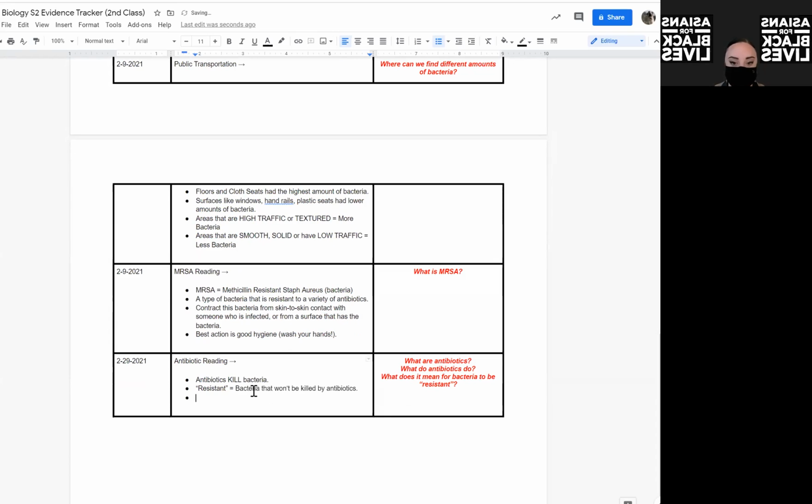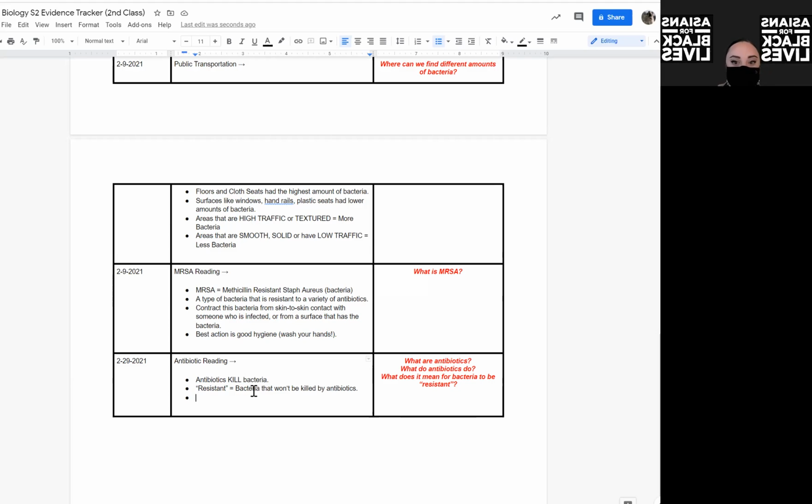Okay. So that's why it was so serious and such a big deal in Addie's video when they showed that she had become pan resistant. Pan again was saying that every single type of possible antibiotic that had thus far been created by man would not kill the bacteria that were inside her body. Not a single one of them.